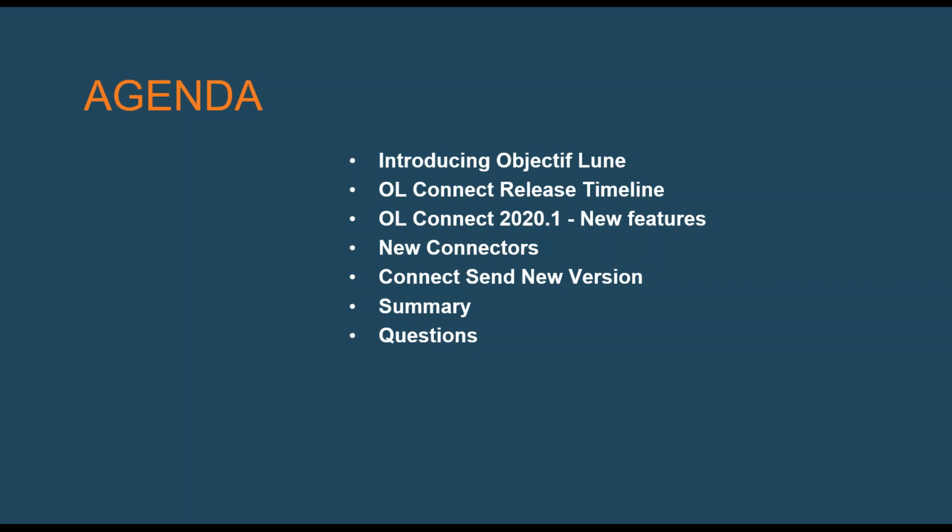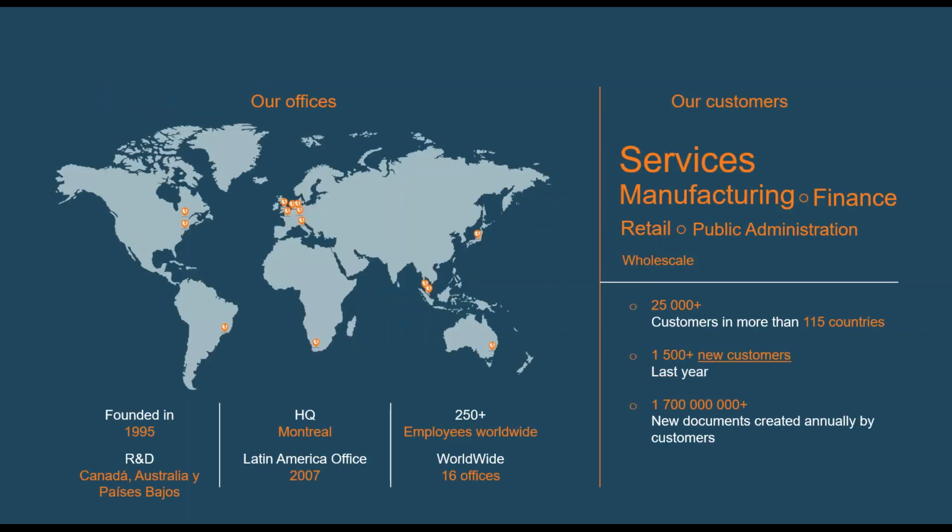Okay, let's start with the presentation of the company. Our offices are located around the world. Objective One was founded in 1995, and our R&D facilities are located in Canada, Australia, and in Netherlands. And also the headquarters is in Montreal, Canada.